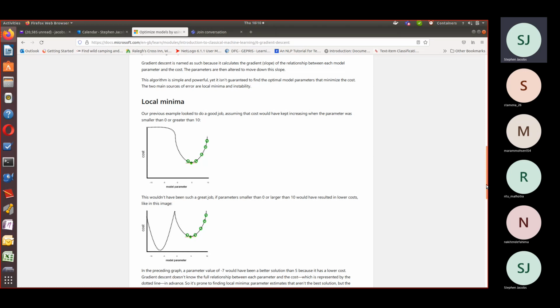As you increase the value of your parameter, your cost is going to reduce. It then is going to hit a minimum, hopefully, and then it will start to increase again. So you know that the best value for your model parameter, the slope in this case, is at that minimum point there where the red line is.